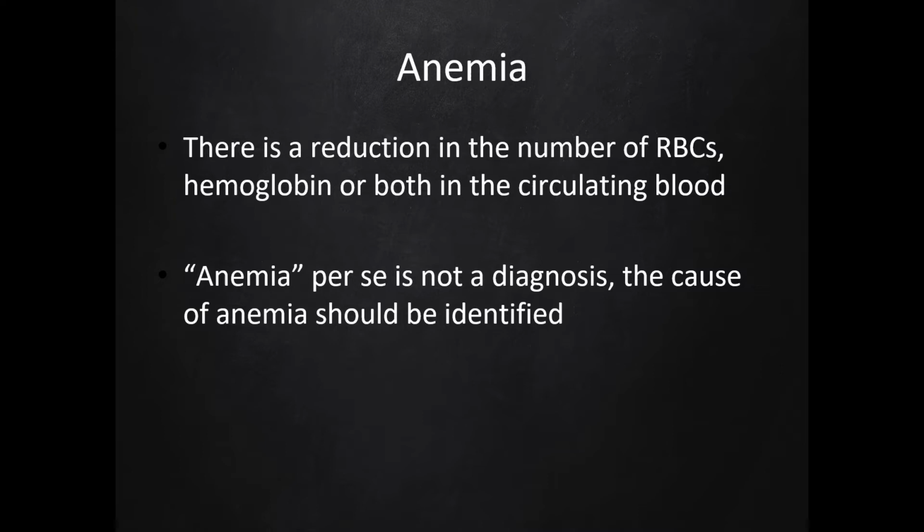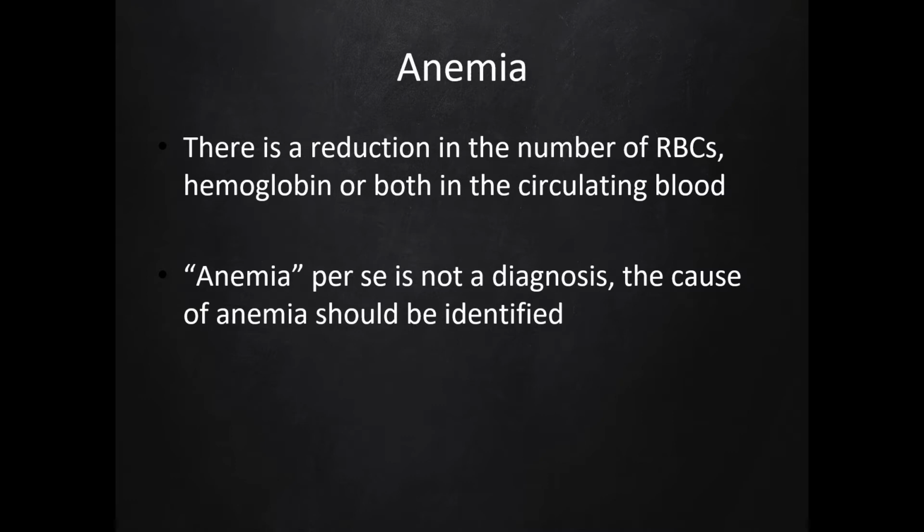So if there is a decreased RBC count, there are lesser chances of oxygen being distributed to the tissues. If there is a problem with hemoglobin or lower hemoglobin, there is also a decreased chance to distribute oxygen to the tissues.